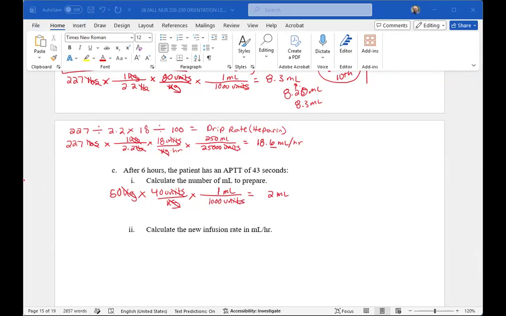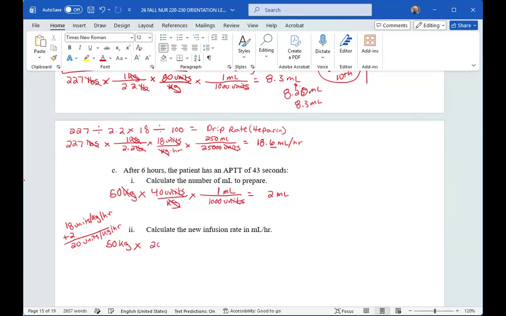For the new infusion rate, this gets a little bit tricky. It said to increase the infusion rate by 2 units per kilogram per hour. What you need to remember is that the original was 18 units per kilogram per hour. So if we're going to increase it by 2, that makes it 20 units per kilogram per hour.